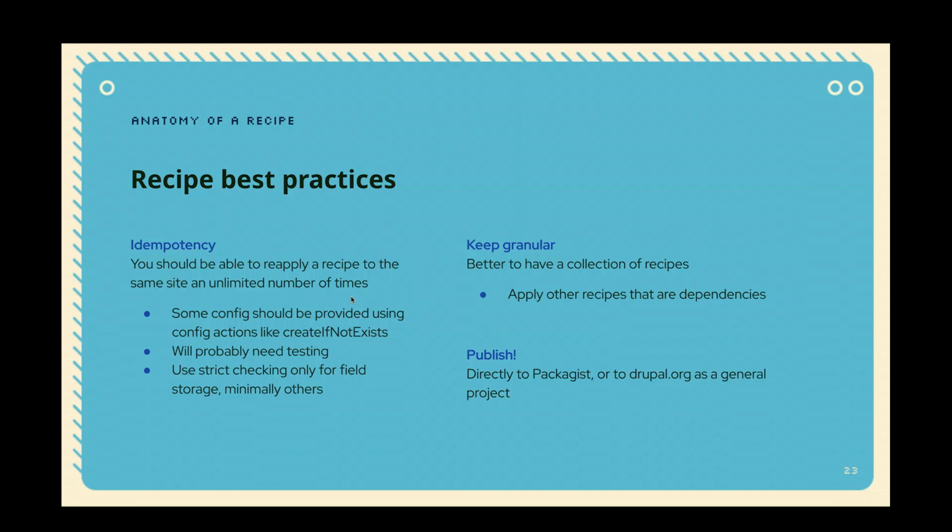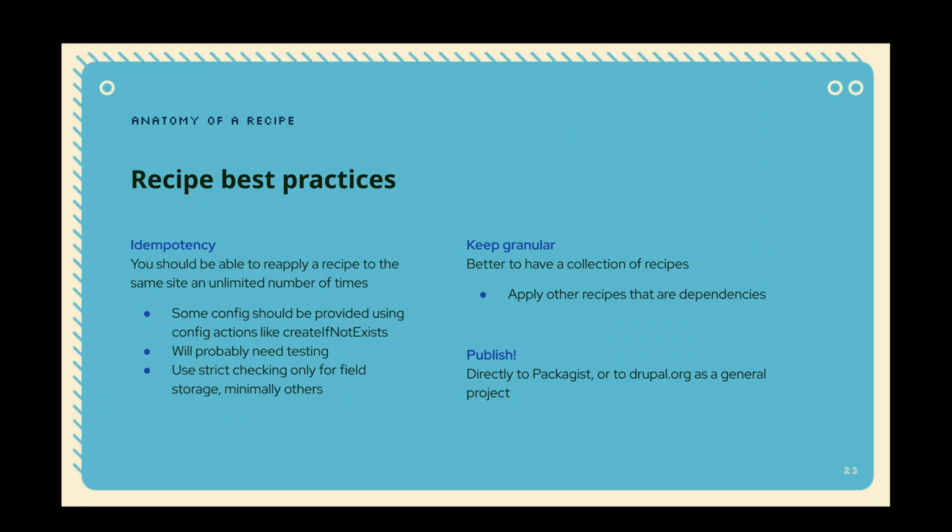So, using config actions like create if not exists, or turning off your strict comparison checking, maybe being selective of where you do that. If you look at Drupal CMS, it typically will do that for things like field storage only, as the places where it really wants to make sure that there is that alignment of what's expected versus what's in the site.